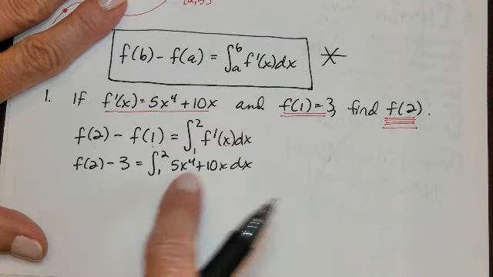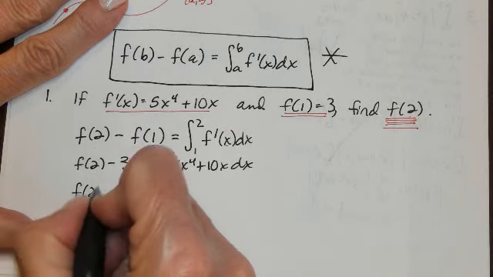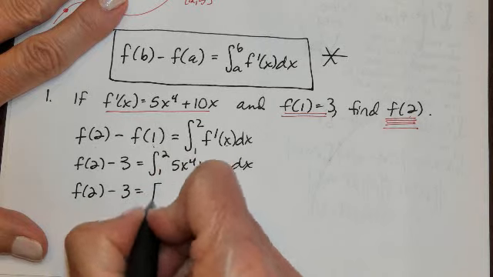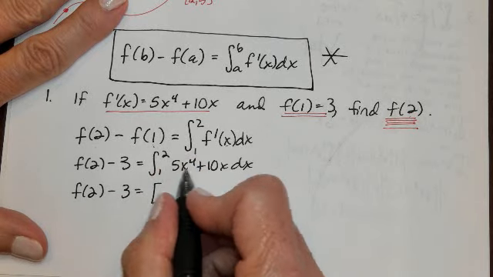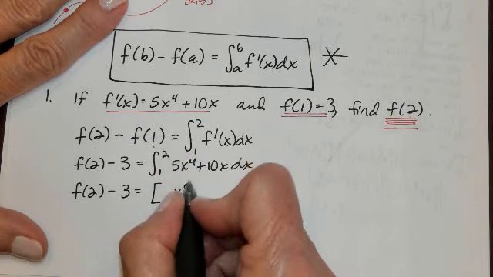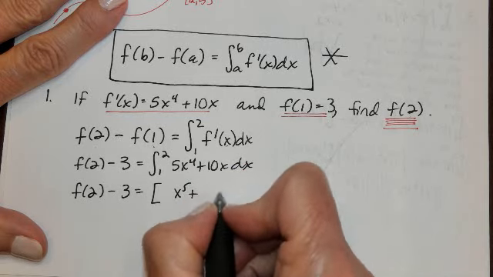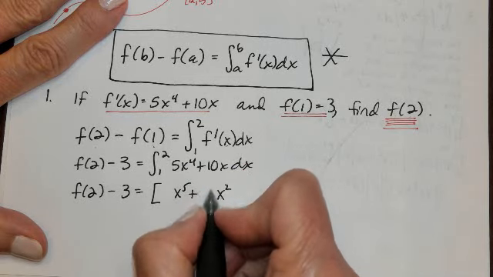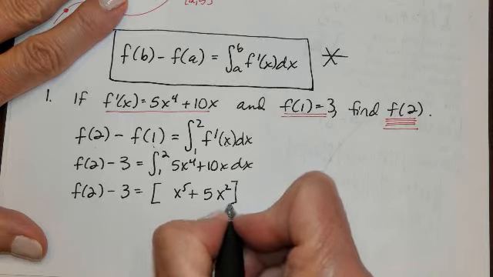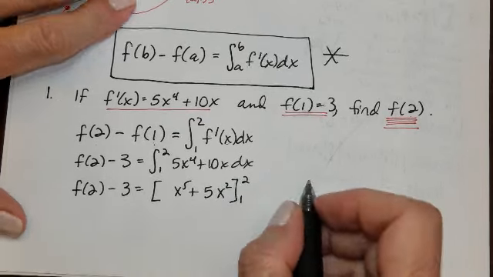We can evaluate that integral. Okay, this will be x to the 5th times 5 over 5, which is 1, plus x squared times 10 over 2, which is 5, evaluated from 1 to 2.